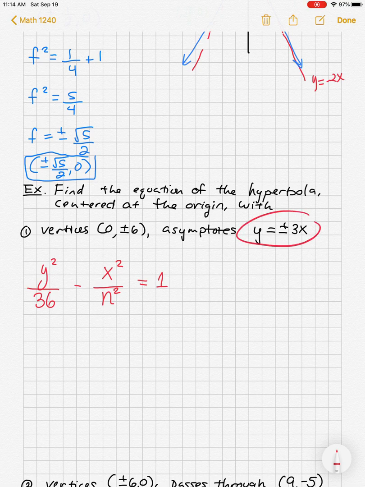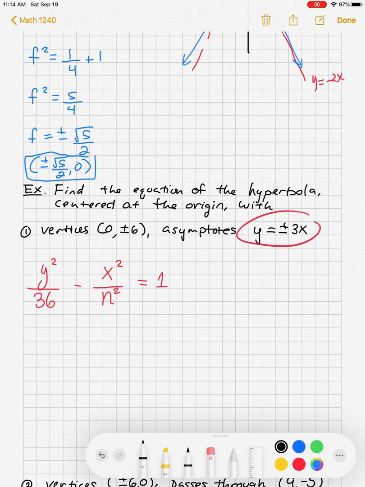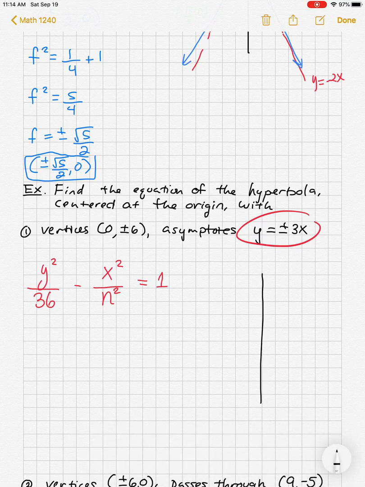Okay, I know the asymptotes. So, how does this work? If I was going to do a rough sketch. The rise is 3. The run is 1. One, 2, 3, 1, something like this.